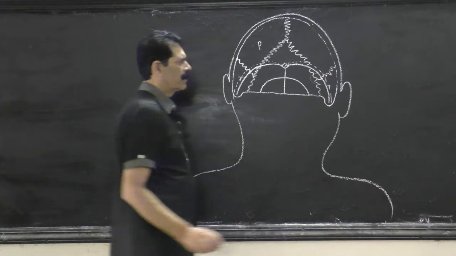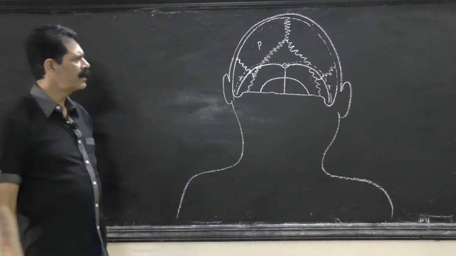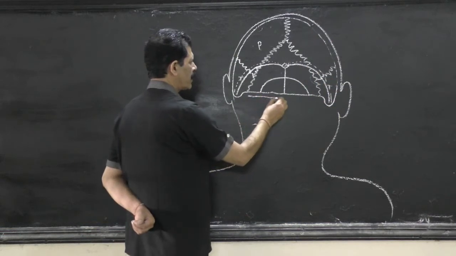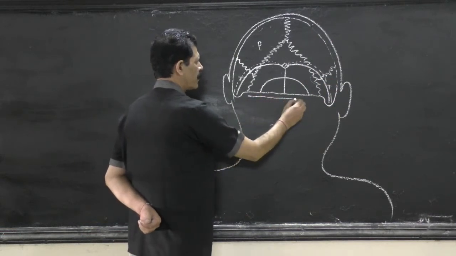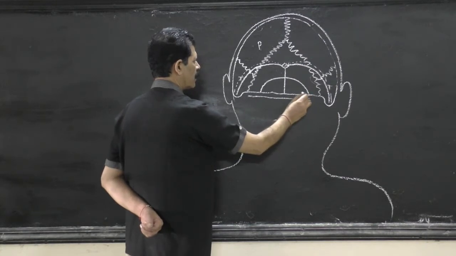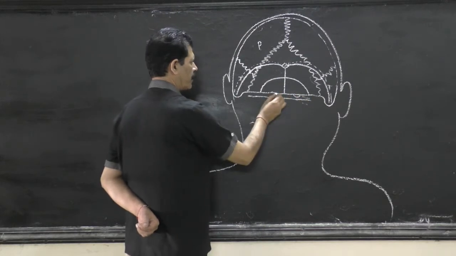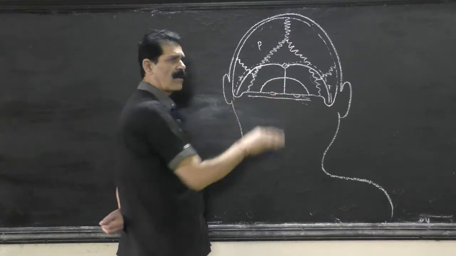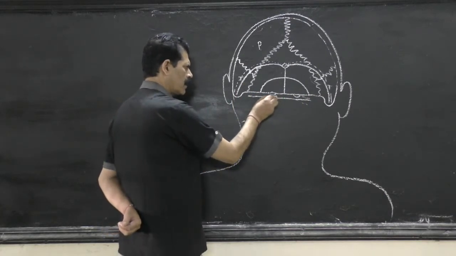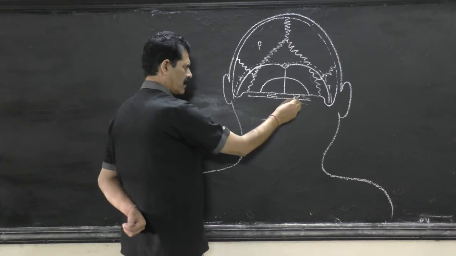So we have done the norma occipitalis, and we have done the bones. The first bone which articulates with the foramen magnum, with the kidney-shaped articular facet on either side of the foramen magnum, is kidney-shaped and convex, and it is received by the concave articular facet of the atlas.